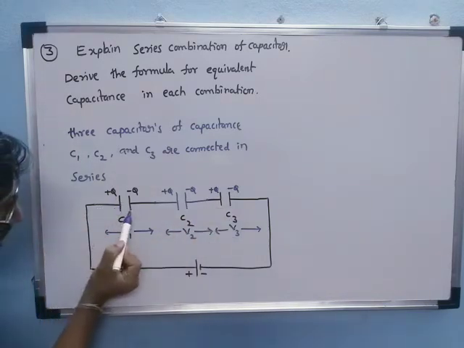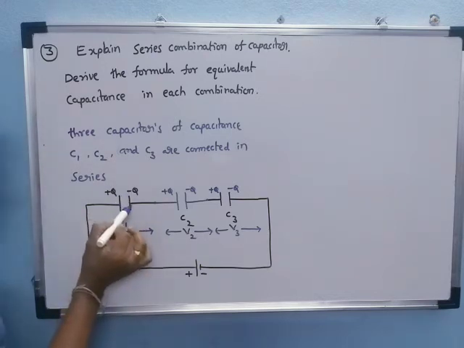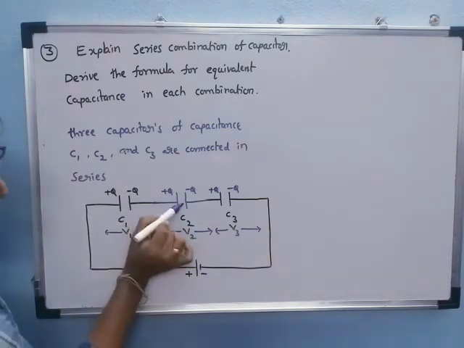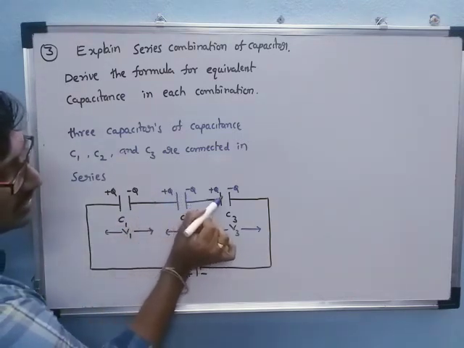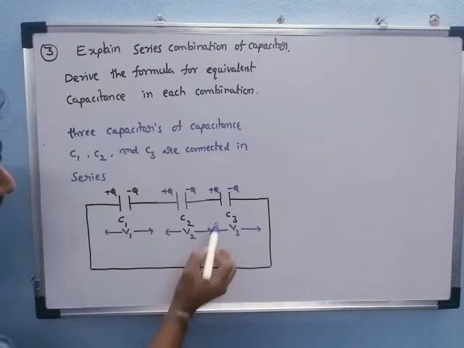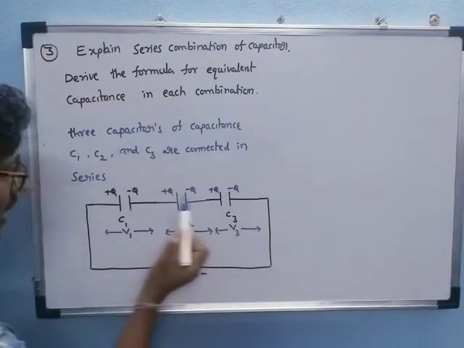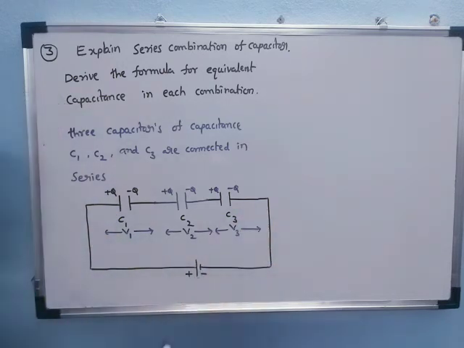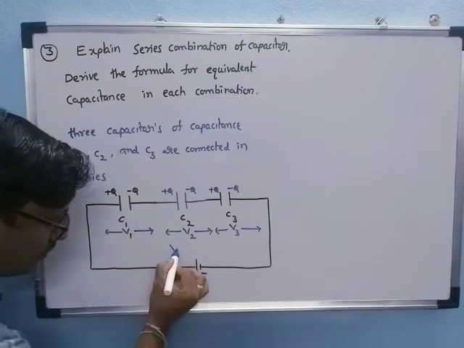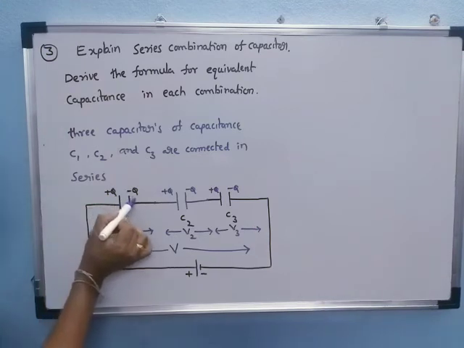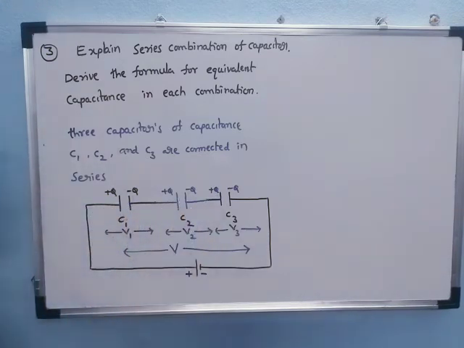The second plate of the first capacitor is connected to the first plate of the second capacitor, and the second plate of the second capacitor is connected to the first plate of the third capacitor. Finally, the second plate of the third capacitor and the first plate of the first capacitor are connected to the battery's terminals, and the total potential difference is V. The variation of potential is V1, V2, V3.